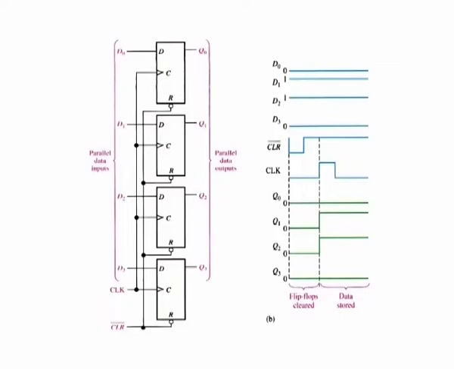This group of 4 flip-flops is an example of a basic register used for data storage. In digital systems, data are normally stored in groups of bits that represent numbers, codes, or other information.